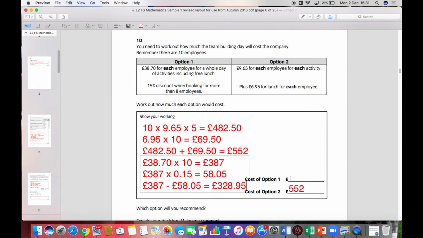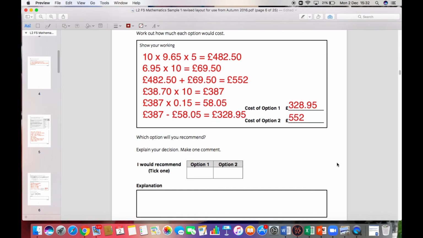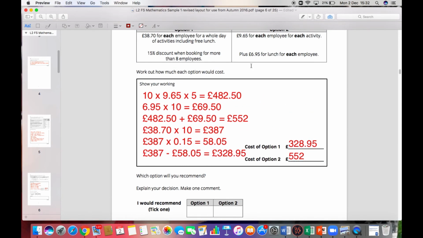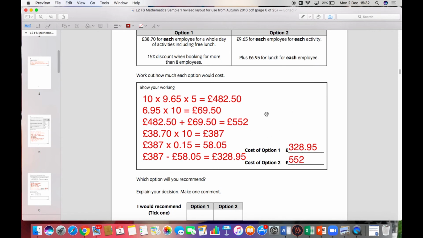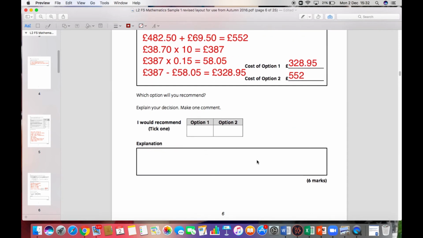So that is what would go there, and you've done all your working out for that part. It gives you 6 marks for this, so you're looking at about 5 marks for this part and then 1 mark for your explanation.